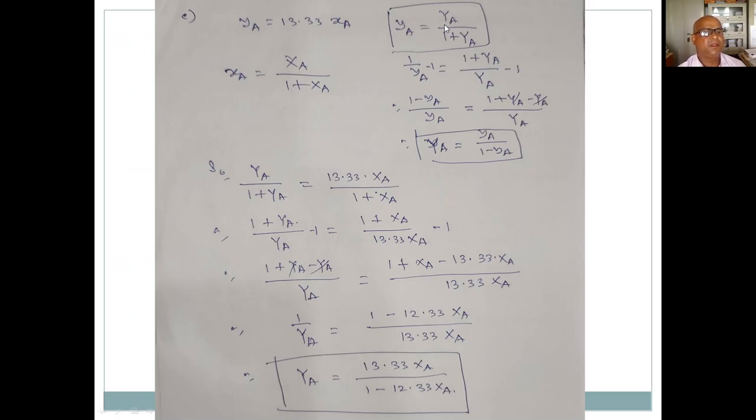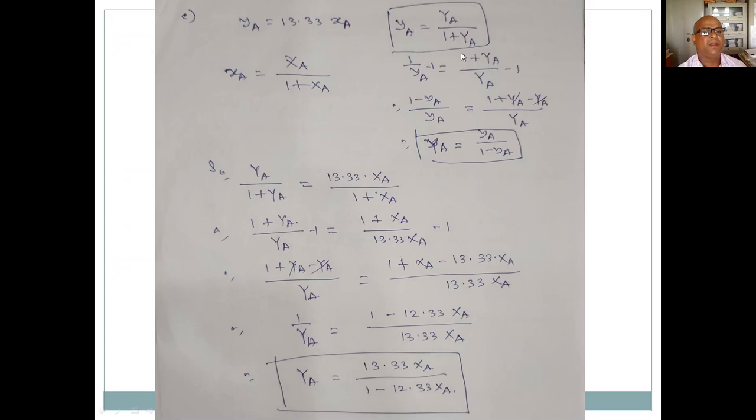Because you know that capital Y equals y by 1 minus y. If you convert this equation, small y equals capital Ya by 1 plus capital Ya.